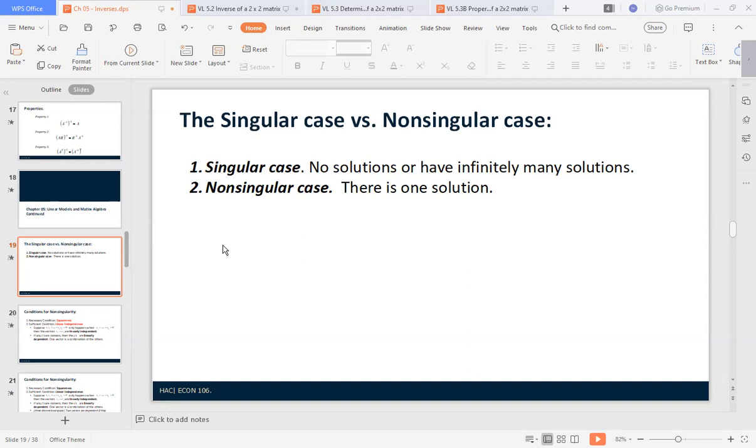So if it is a singular case, it has no solutions, or if you get a solution, it will have many solutions. With a non-singular case, there is one solution. It means that it is a unique solution.